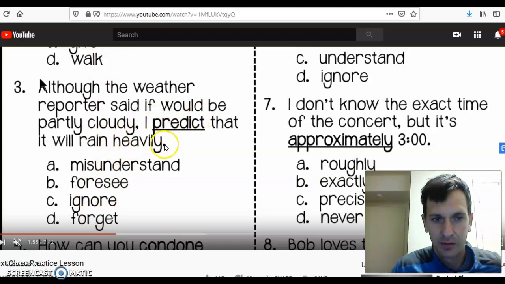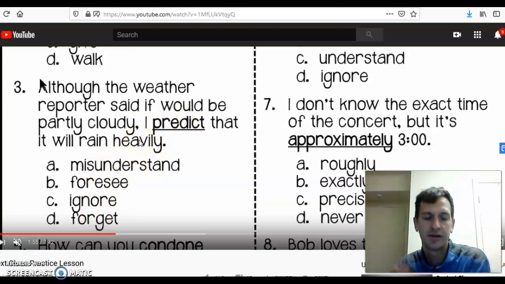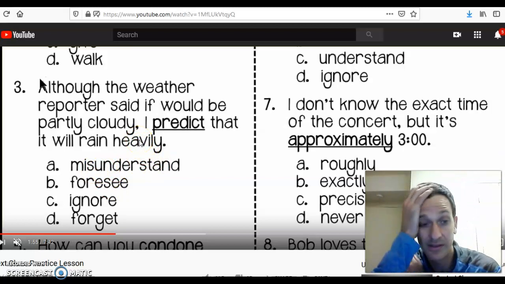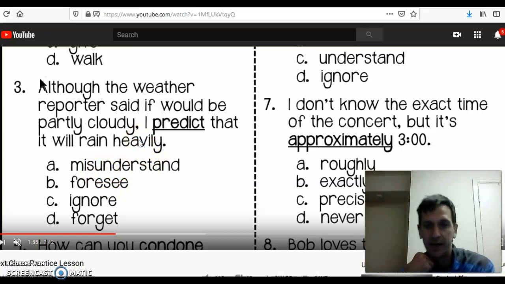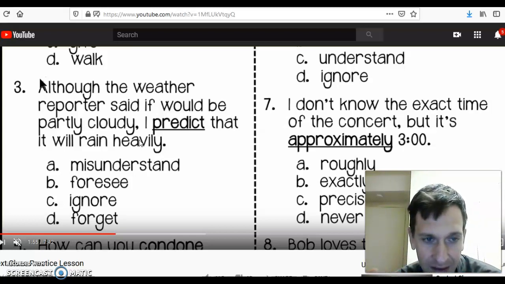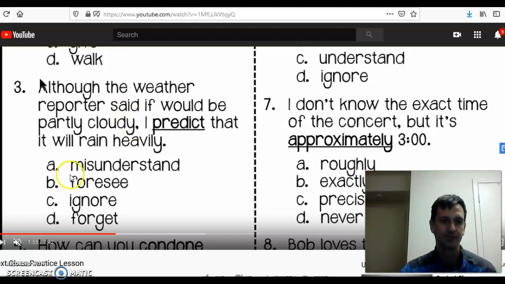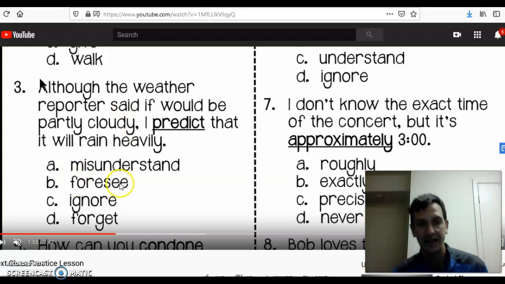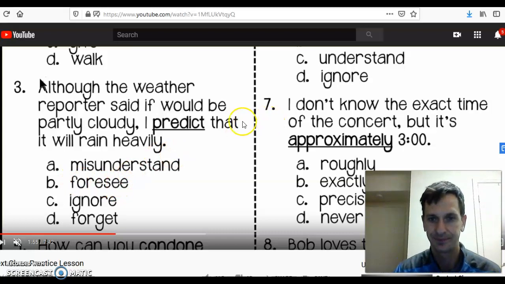I forget that it will rain heavily. I ignore that it will rain heavily. I misunderstood that it would rain. Our two options that might work here are misunderstood or foresee. The key here is that she says although. She's saying the weather reporter is going to do one thing, but I think it's going to do something else. So I predict or foresee that something else will happen. We're using the context of the sentence to get our answer.